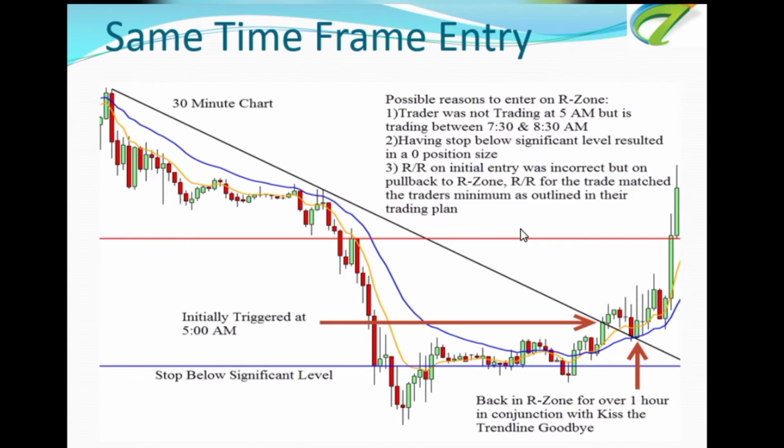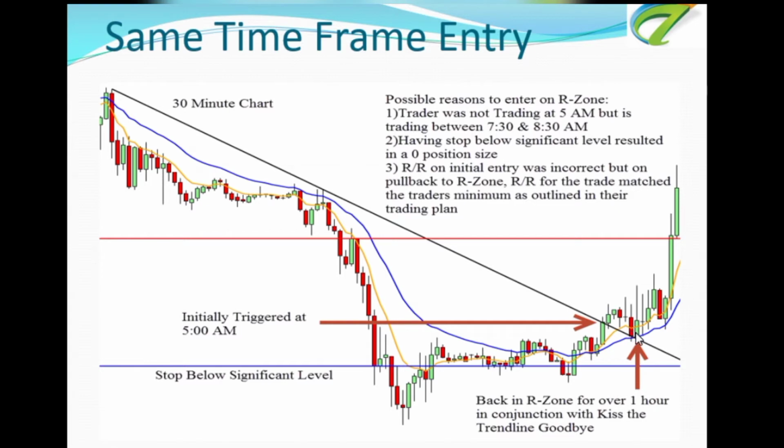The risk and reward ratio was also incorrect here at this price, but when the market pulled back and made a retracement, again testing this support line which was a resistance previously, and kissing the trend line, multiple concepts, and due to the market retracing back, it came into this R zone which we are discussing here, this rotation zone, which is the combination of 8 and 21.